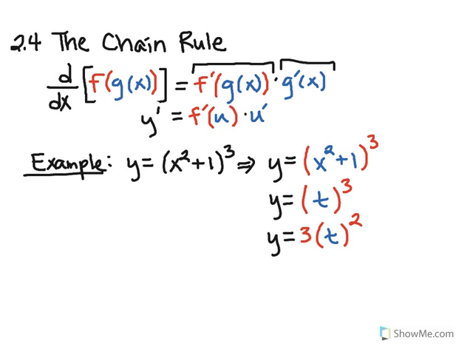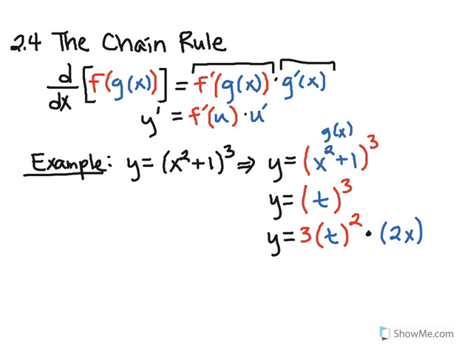So down here, I'm going to write my multiplication sign, and I'm going to go up here and take a look at what g of x is. And right now, g of x represents x squared plus 1. So here's my g of x. Okay. So what is the derivative of x squared plus 1? And the answer is 2x.